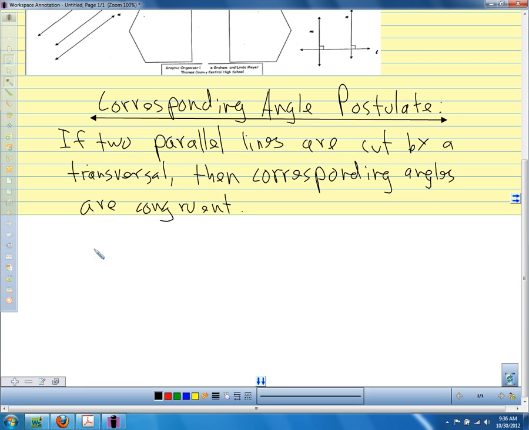So let's write the converse of this. If we have an if-then statement, a conditional statement, how do we make the converse? What do we do to it?